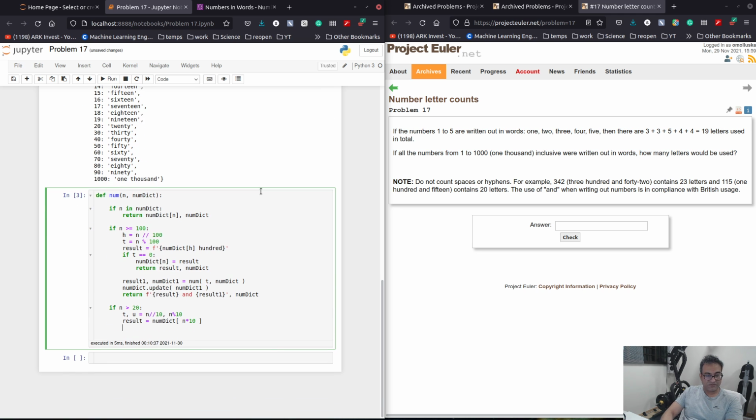So the value is mounted and the units place is just whatever is remaining units place over here.